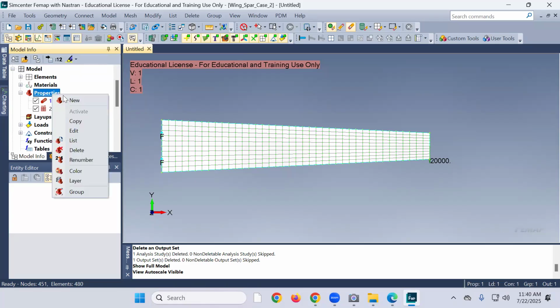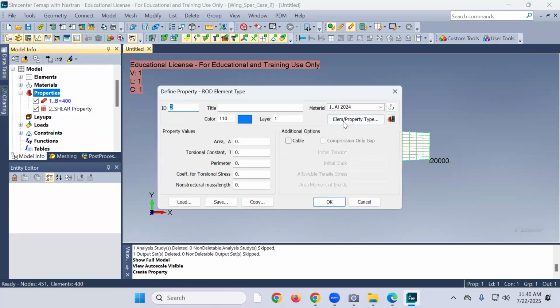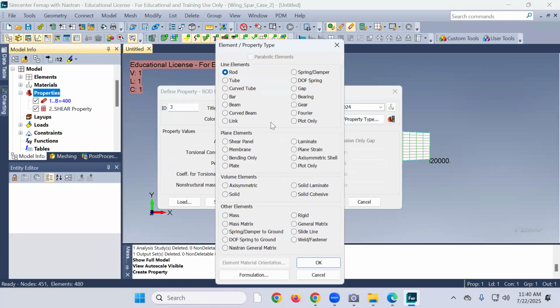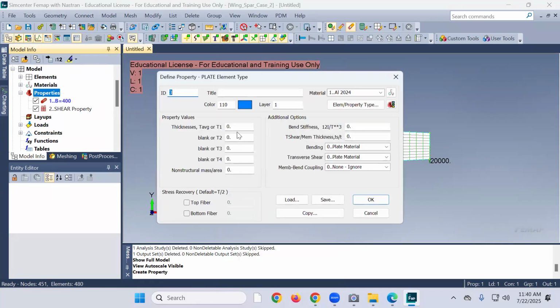So we go to property, new, and that new property which can resist bending, we select over here plate. Click on plate. What is the thickness of our plate? It's 2 millimeters. We put over here 2. If you want, put here panel t equal to, okay, as the property, and click OK. And now cancel.